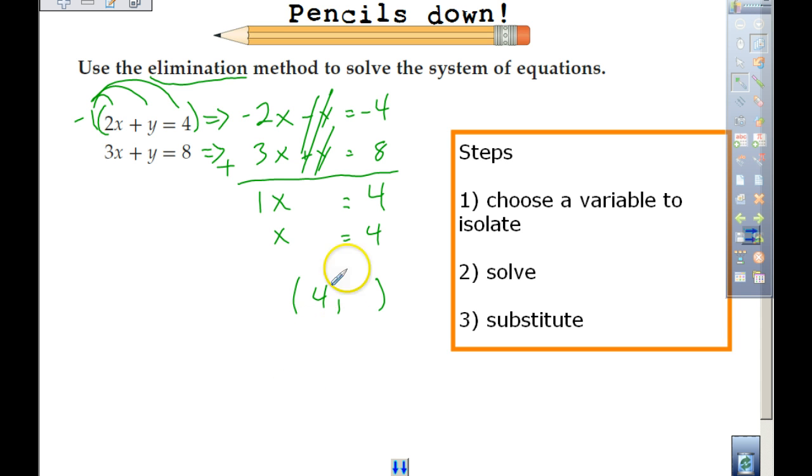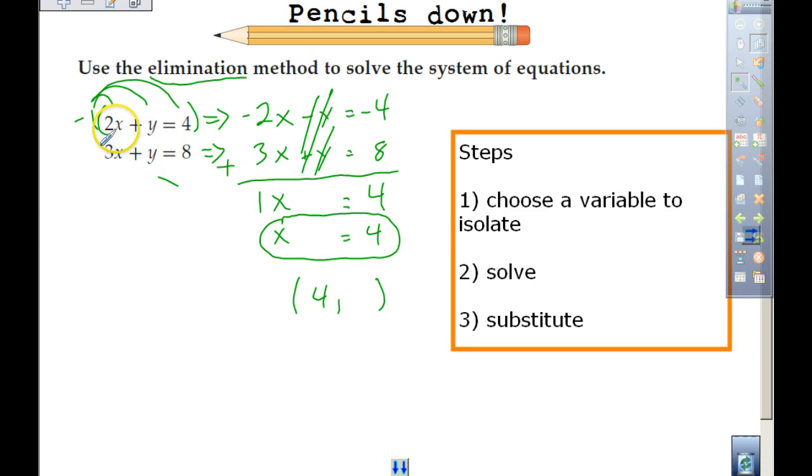Once again, 4 comma something. Let's take our answer and plug it in and see what happens. So make sure you plug it in for the right variable. Okay. Plug it into the original equation. Nice thing here is you get to pick which one.